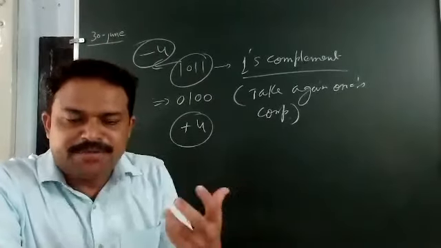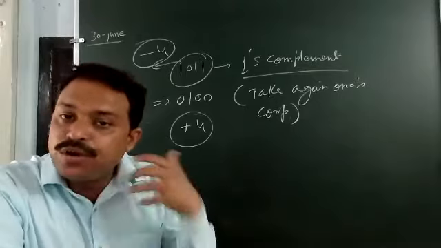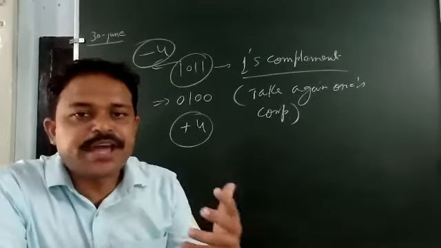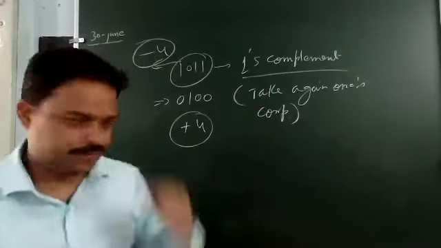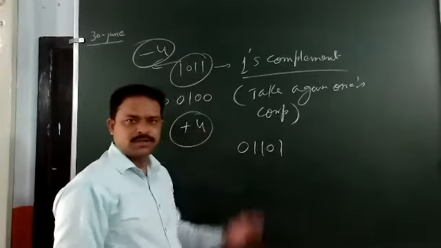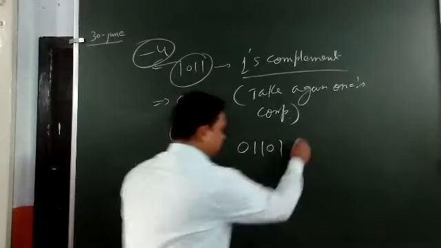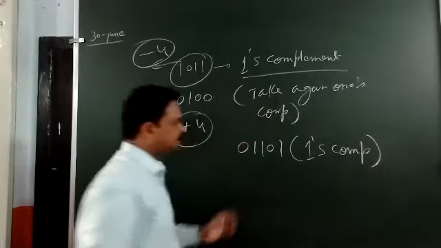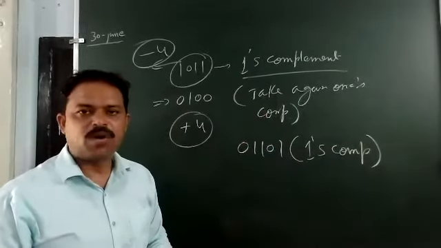So this is the concept, this is the logic, of how to read a one's complement value. Directly you cannot read. Now suppose 0, 1, 1, 0, 1 is given in one's complement.